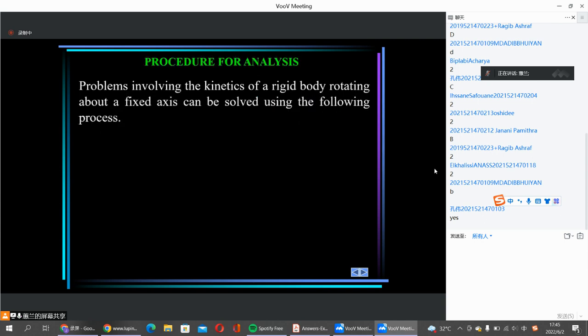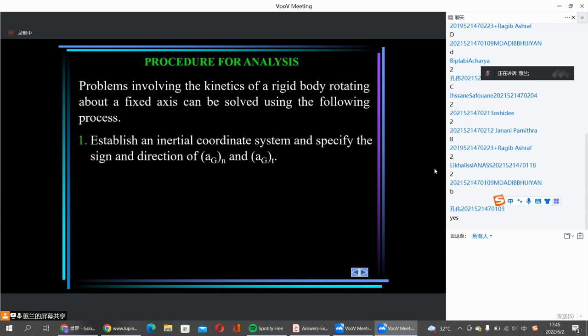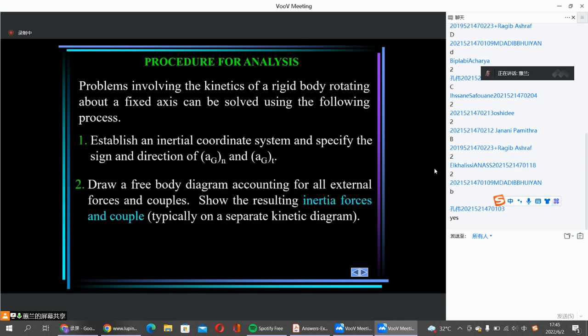So to solve problems involving a rigid body rotating, we have the same procedures. First, the coordinate system, and you need to specify the sign and direction of the acceleration of the mass center, because you have sigma F equal to m a_G, right?